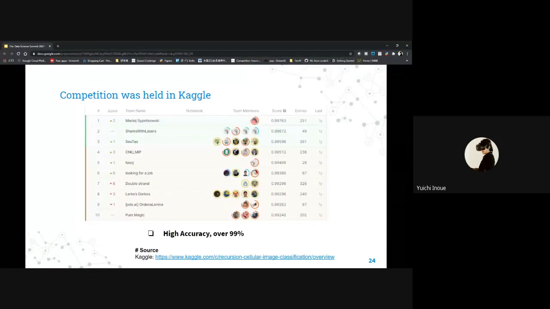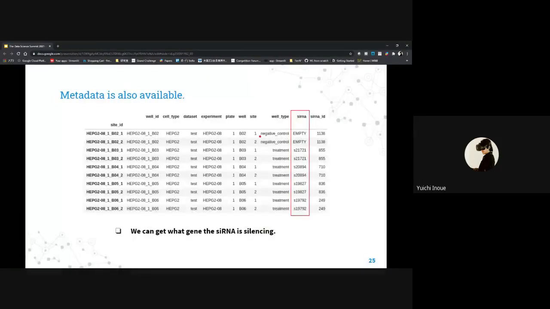This is an amazing result. As I mentioned earlier, this dataset is open and available to anyone. In addition, the information of each siRNA is given after the competition was over. So we can see which molecules the siRNAs actually inhibited.